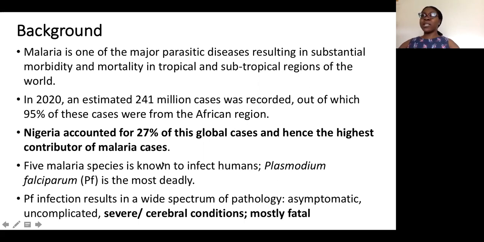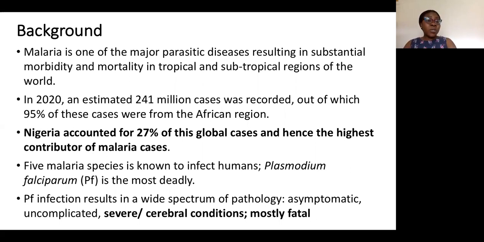Malaria, I'll start by introducing us to what malaria is and some epidemiological statistics about the disease. Malaria is one of the major parasitic diseases that we have, and it results in substantial morbidity and mortality, especially in the tropics and subtropical regions of the world.